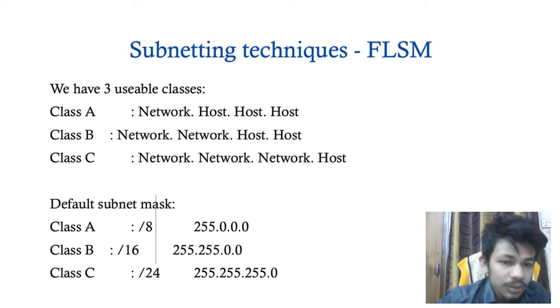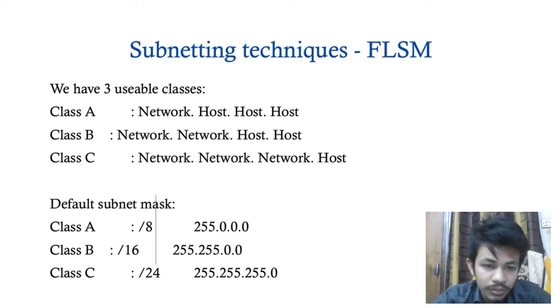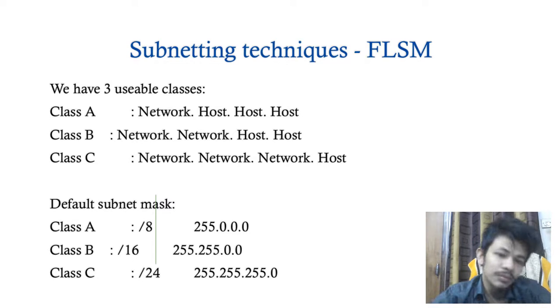First of all we are going to cover the classes, usable classes for our hosts. We know that IP addresses have two versions, one is IPv4 and one is IPv6. In IPv4 we use dotted decimal to represent the IP addresses. So we have 4 octets here.